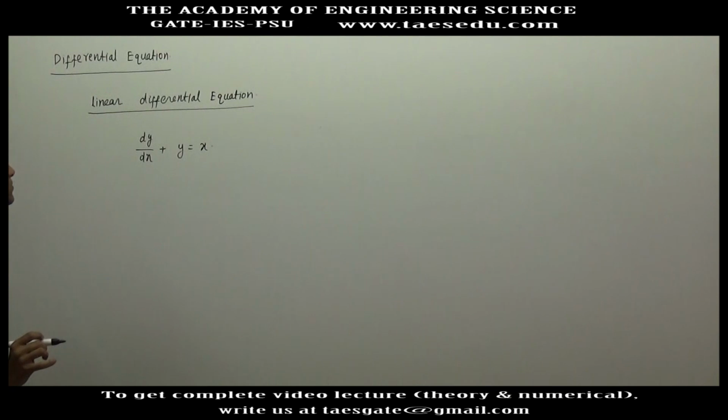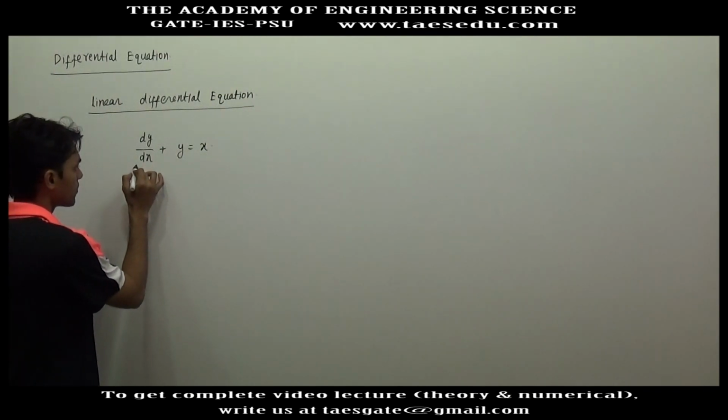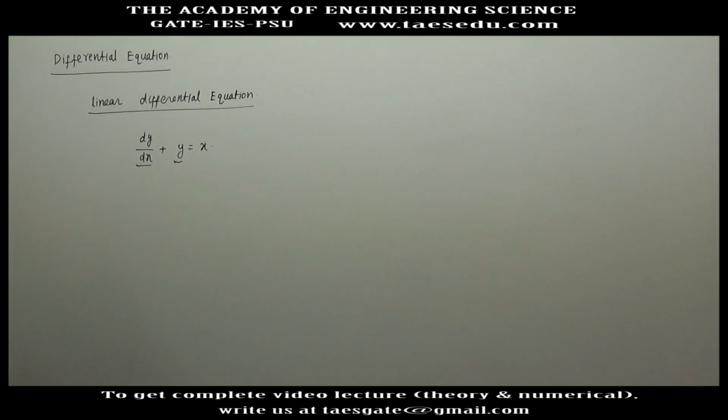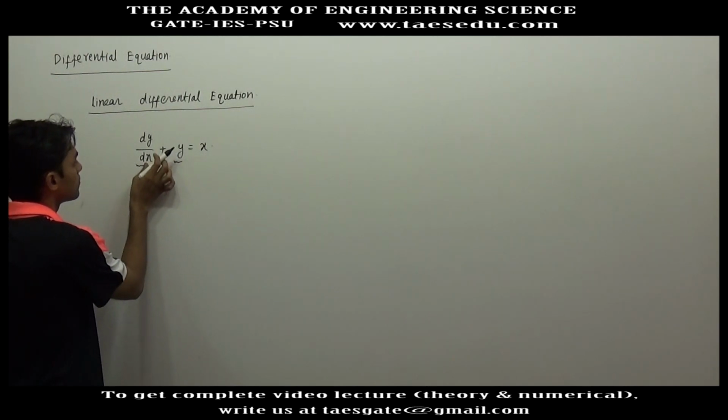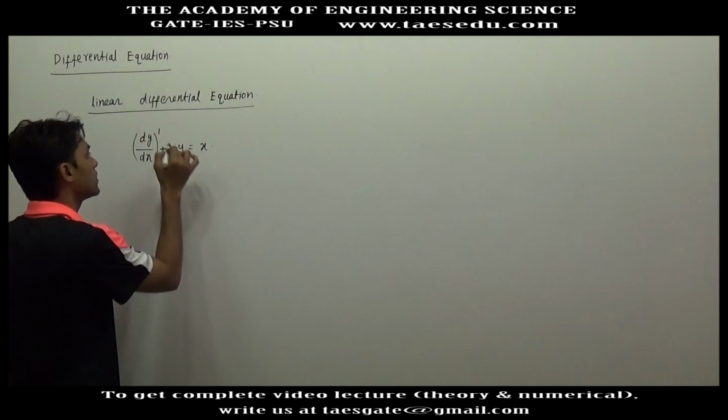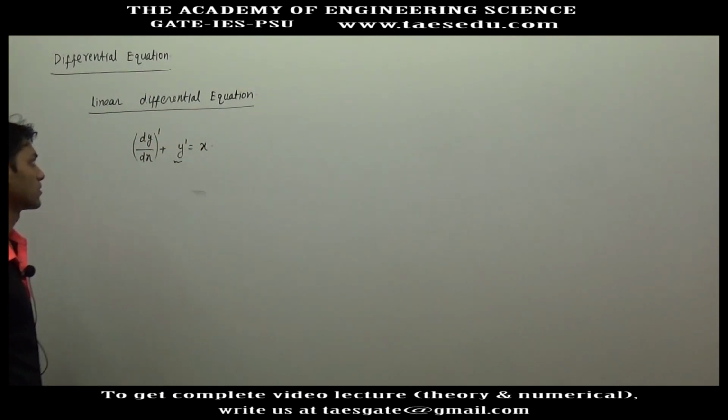In this equation, this is a function of y, this is also a function of y. If we see the power of this dy by dx, here we have power 1, here also we have power 1.